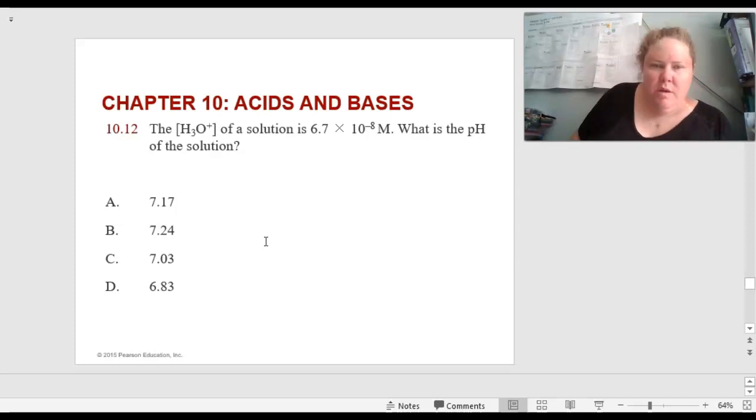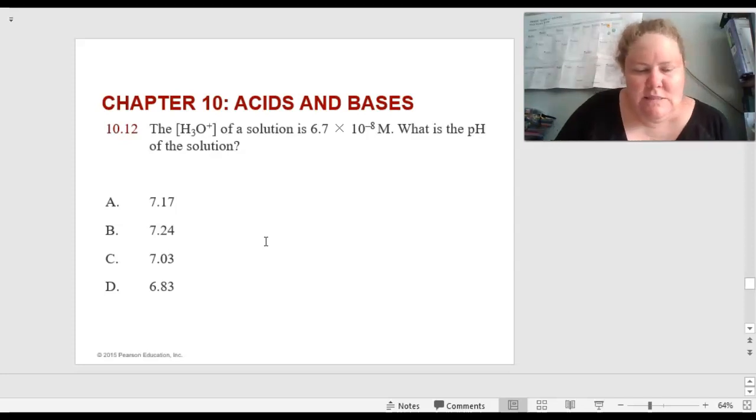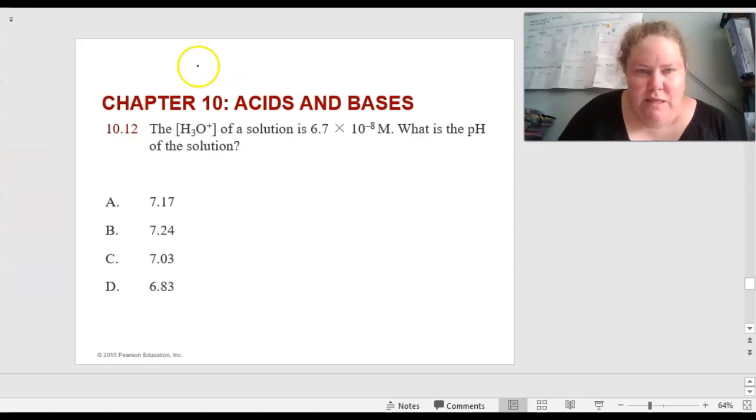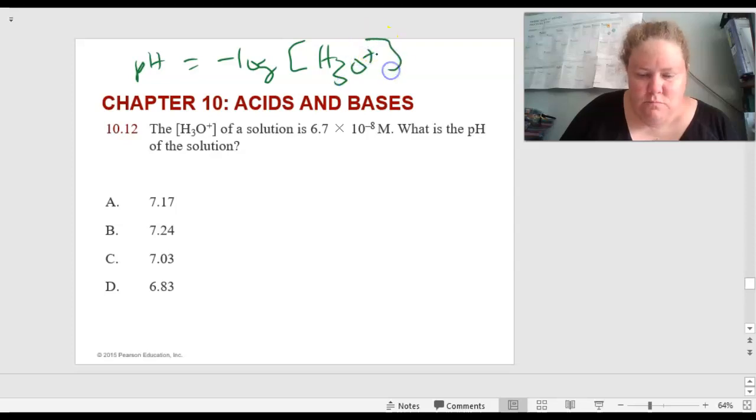Okay, the H3O plus of a solution is 6.7 times 10 to the minus 8 molar. What is the pH of the solution? So what we're going to do is remember that pH is the negative log of the H3O plus.